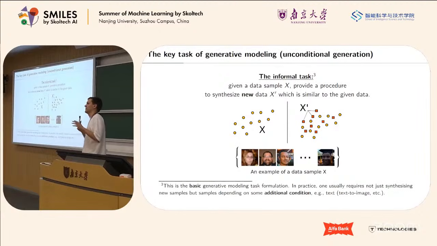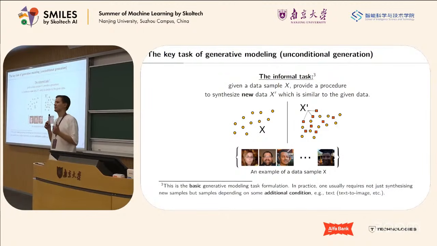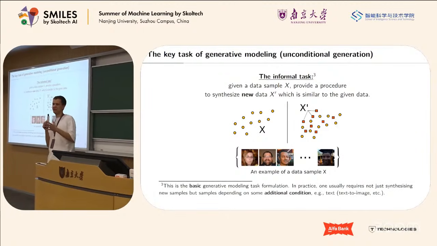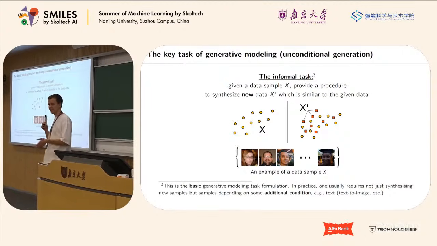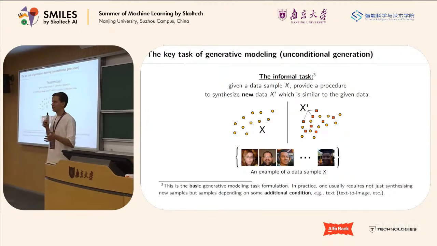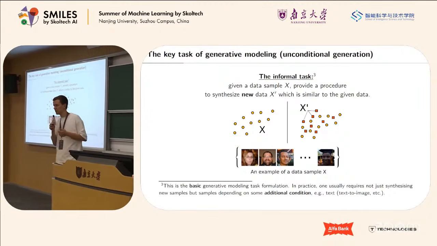Usually, one of the simplest problems in generative AI, which lies behind all this field, is the problem of unconditional data generation. It is the basic building block for which people usually design new algorithms, and then they scale these algorithms to high-dimensional data generation, such as text-to-image, text-to-video, and so on.